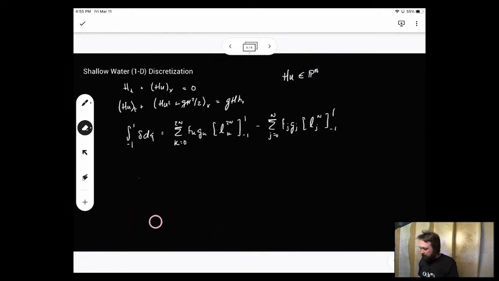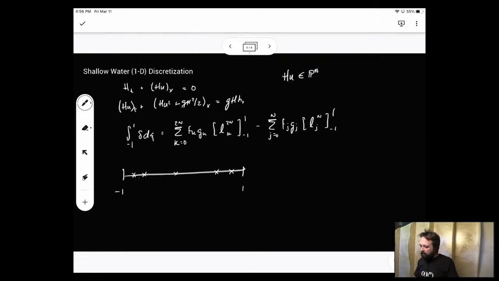This is something I learned in the last couple of weeks that I found pretty spectacular, and it's changed my opinion on Gauss-Lobatto points. So the deal is Gauss points, let's talk about this real quick. The Gauss points on -1 to 1 are interior to the domain. They don't lie on the endpoints. They don't include -1 and 1.